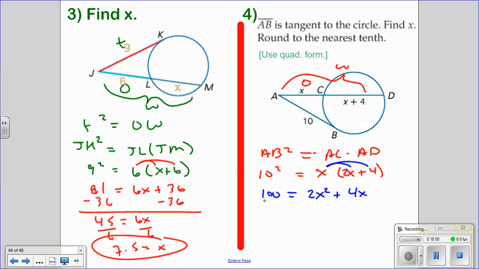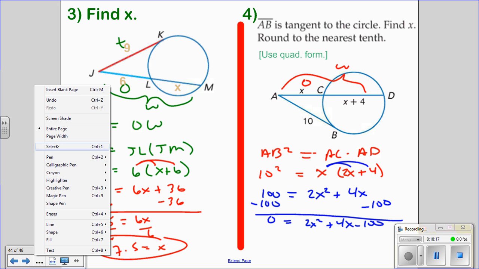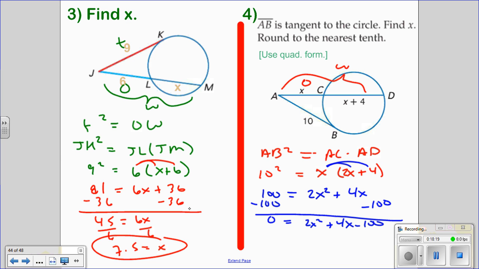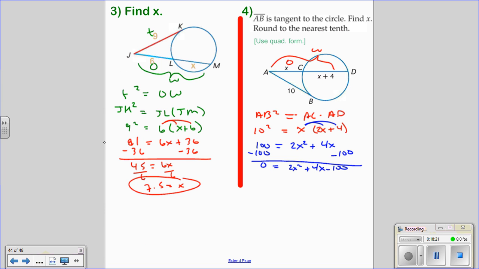So what you're going to have to do is subtract 100 from both sides, which will give you 0 is equal to 2x squared plus 4x minus 100, which is a quadratic equation. And since it's a quadratic equation and not a linear equation, this is why we have to use the quadratic formula.